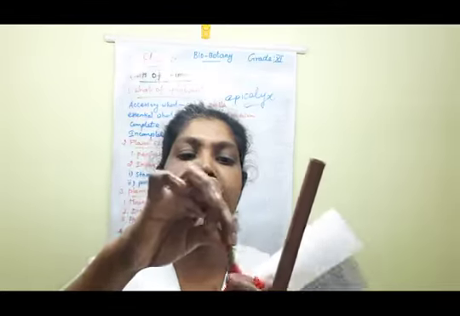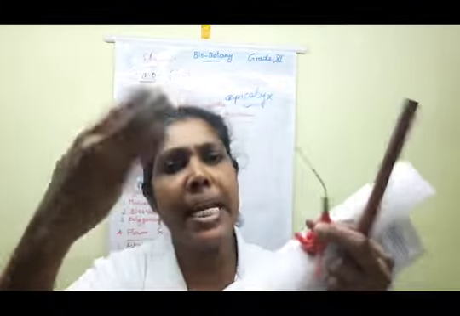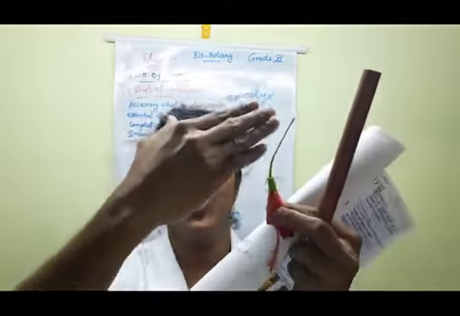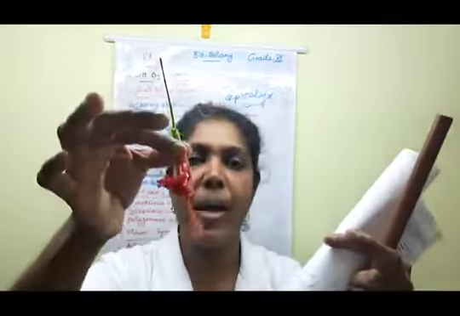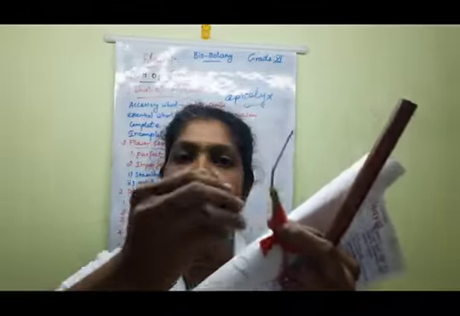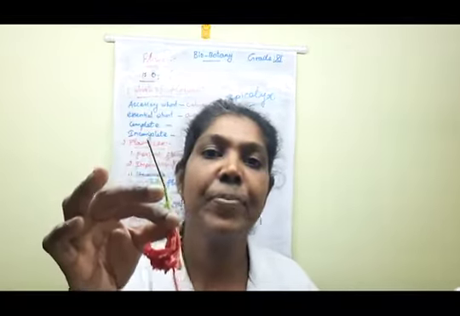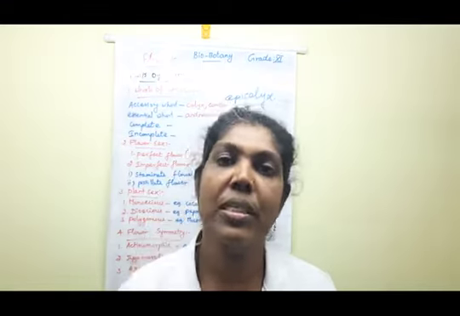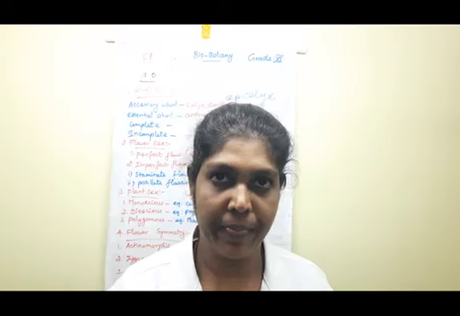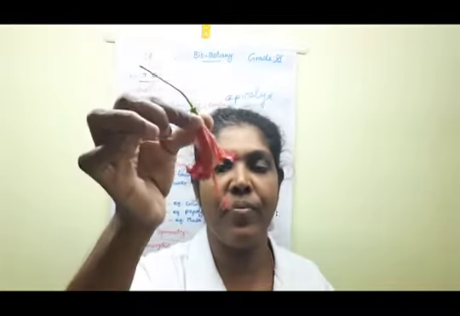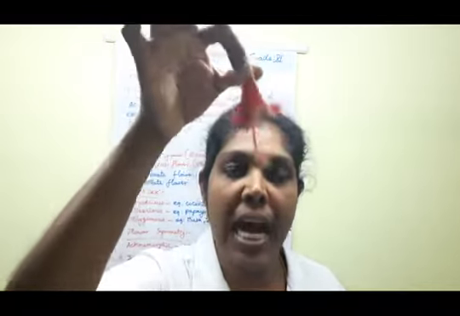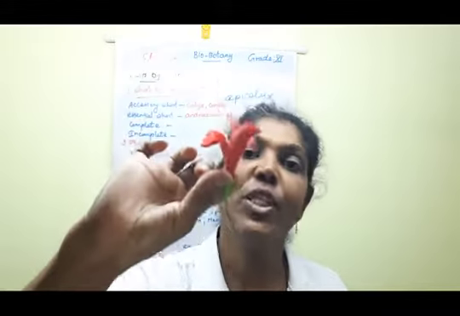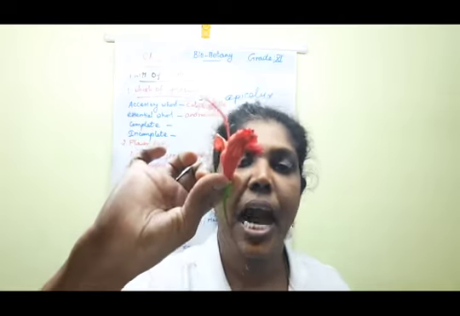So the center base, if we cut in any direction, in LS, we will get two equal halves. That is known as actinomorphic flower. Understood? Good examples are Datura metel and Hibiscus rosa-sinensis. So these flowers come under which type of symmetry, children?